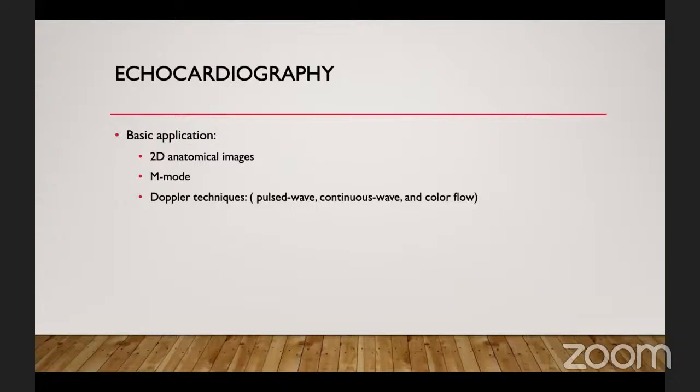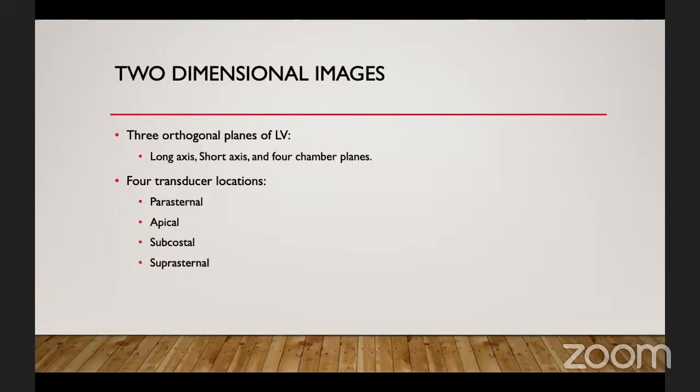For the two-dimensional images, we have what are called the orthogonal planes of the LV. These are the long axis view, the short axis view, and the four-chamber plane. This four-chamber plane can be taken either from the apical four-chamber, or from the subcostal or subxiphosternal four-chamber view.